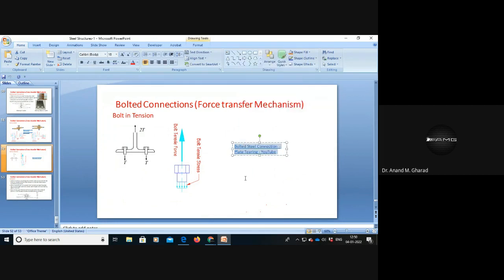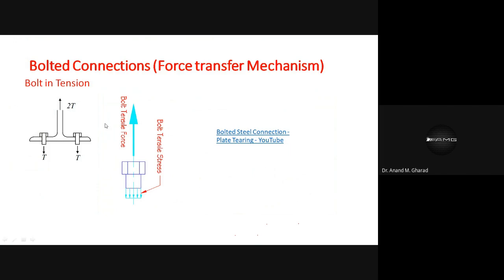Now similarly over here, there is one more type of failure which is associated to the tension force. You can see from this figure, if 2T is the value, just for simplification purposes, we can consider this value to be 2T. So T and T, equal but opposite, these forces will be developed in the bolt.